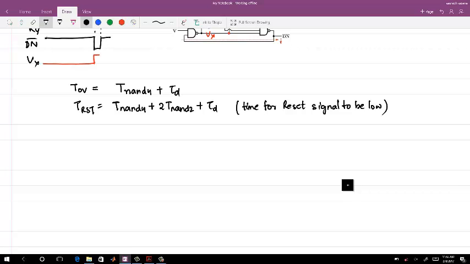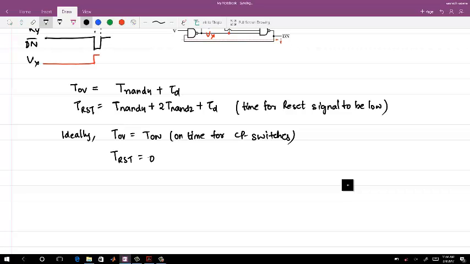So ideally we want T overlap equal to T on, which is the on time for the charge pump switches, and we may like to increase T overlap depending on technology requirements. Okay, but we want T reset ideally to be 0 so that we do not miss any edges.